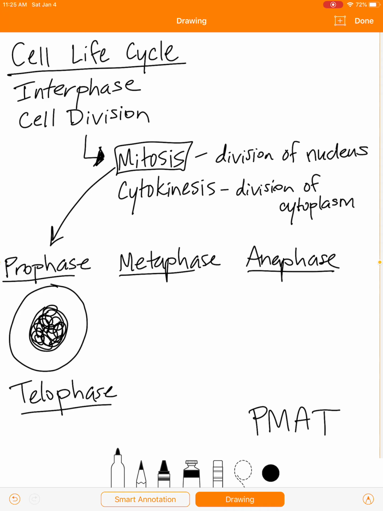And if you were to look at that and I were to tell you, all right, take this DNA and split it in half perfectly right down the middle and give each cell its own little half of that DNA, that's going to be extremely time consuming and extremely hard to do. So during prophase, all of that chromatin is going to condense into structures called chromosomes. So let me just draw those for you.